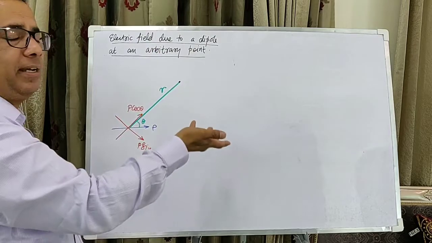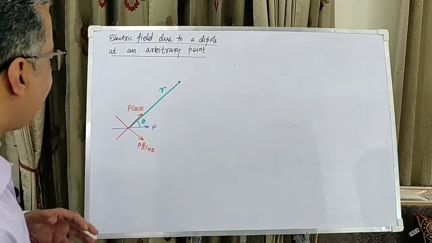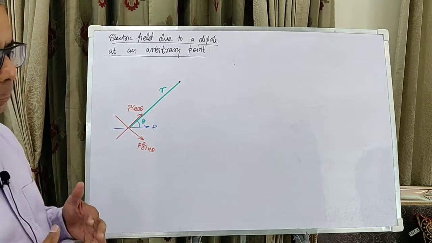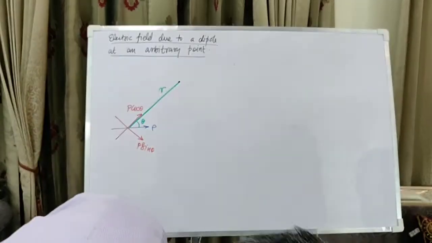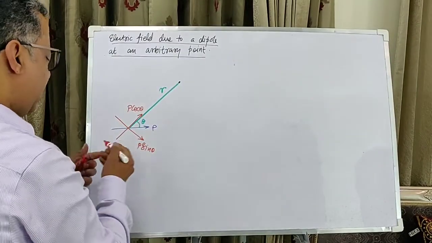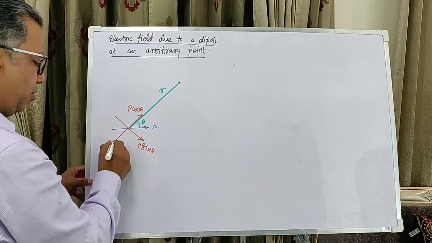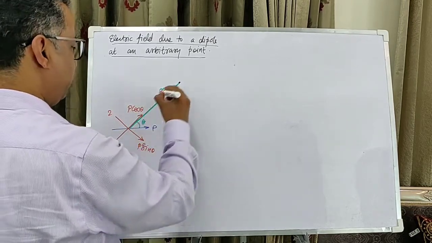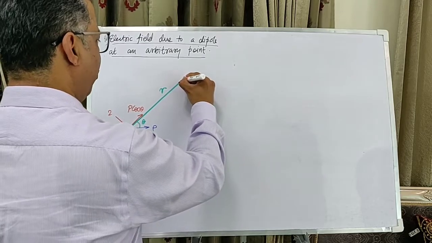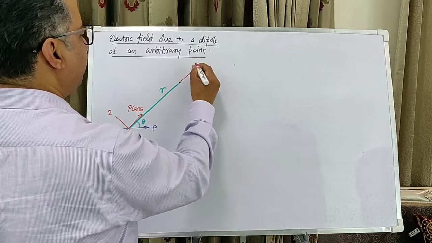I will then add those electric fields vectorially and get the resultant value of the electric field at the point. Now, let's call this dipole p cos theta 1 and the other one 2.